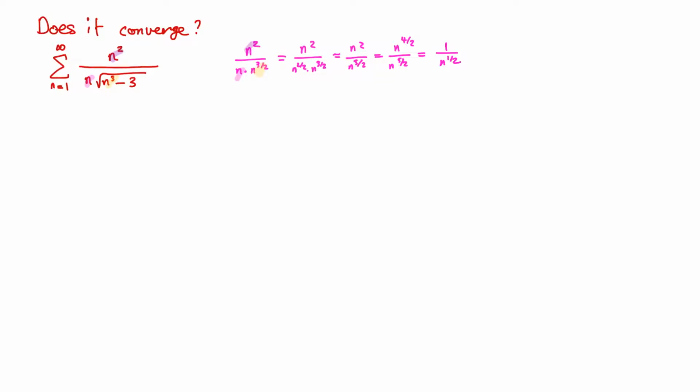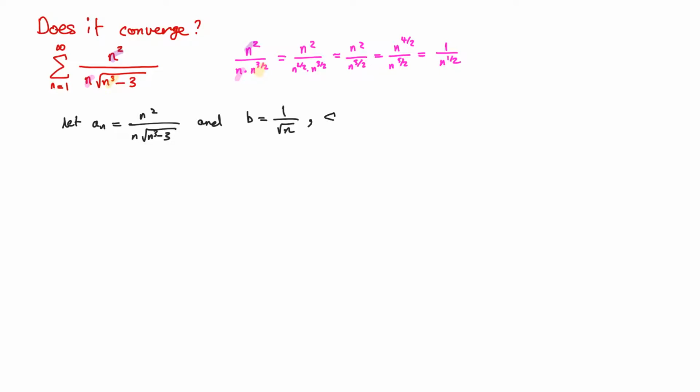Because of this, we're going to let a equal n squared over the root of n cubed minus 3, and we're going to let sequence B equal 1 over root n.